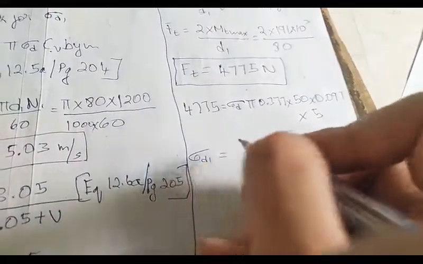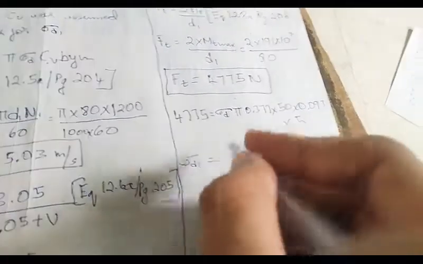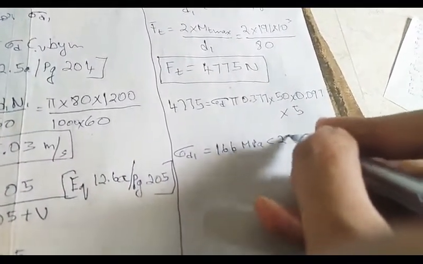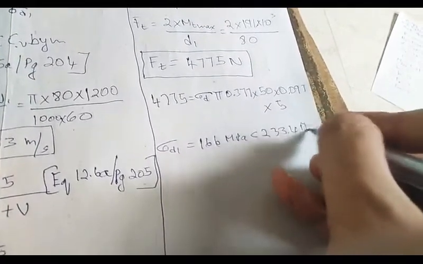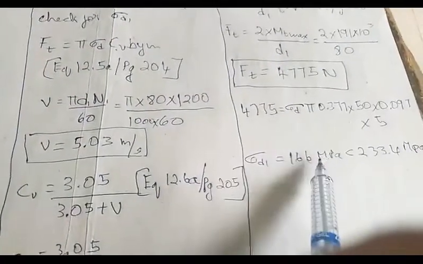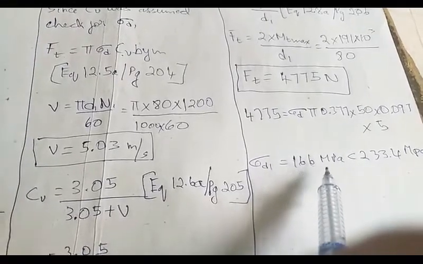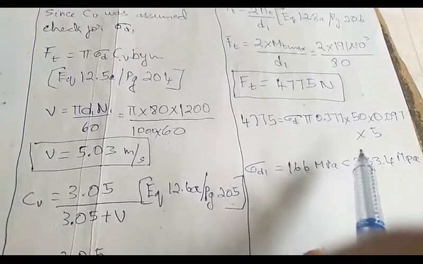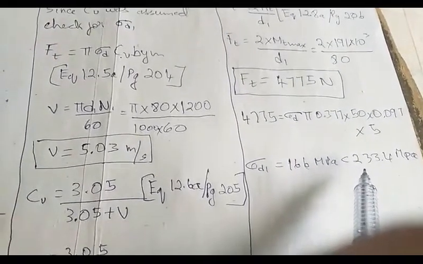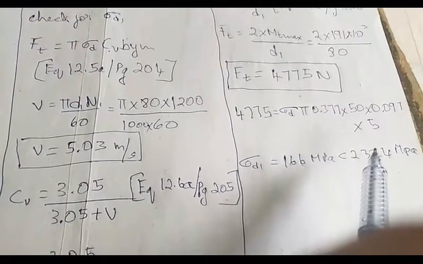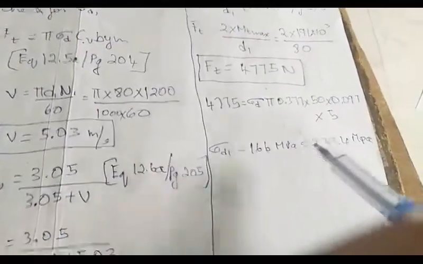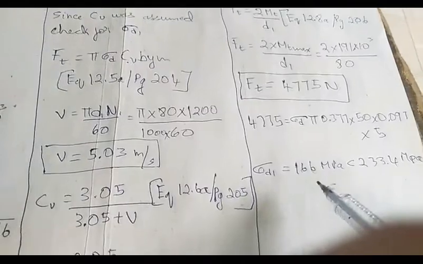The value of sigma d1 which I'll get from this is 166 MPa, and it is less than 233.4 MPa. So the design procedure which I have adopted is correct. This 233.4 MPa was the value which we had assumed in the starting of the problem, because they had not given any details about materials. Now the design is safe, so we can proceed further.